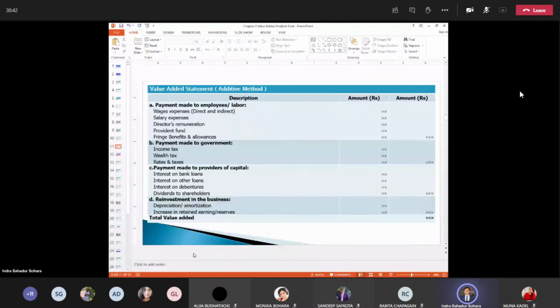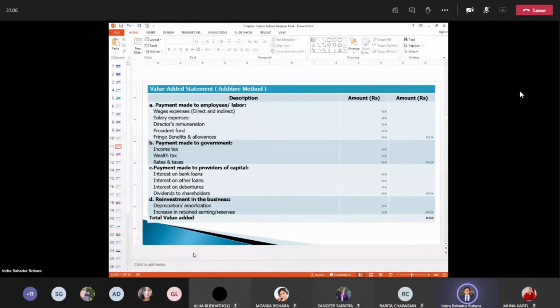They all are the distribution to employees. So in our example, out of 10,000 value added, some portion is distributed to the employees, and some portion is distributed to the government for the payment of tax in terms of income tax, property tax, or rent tax, etc.